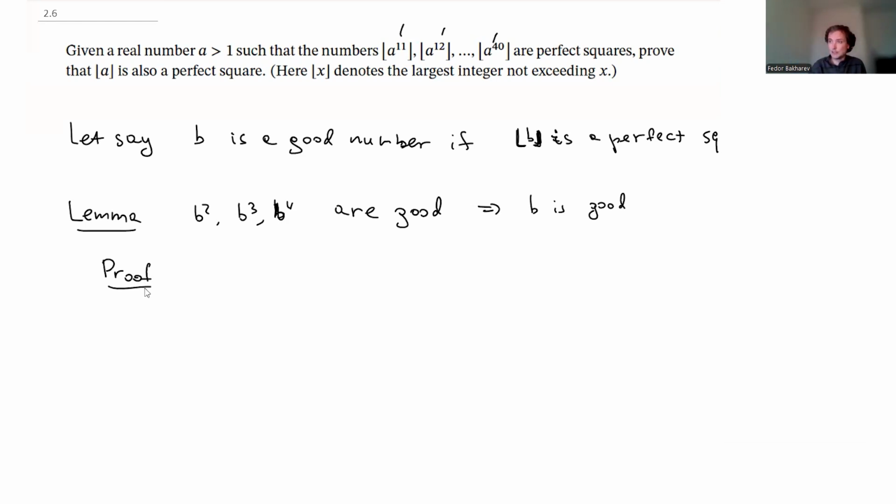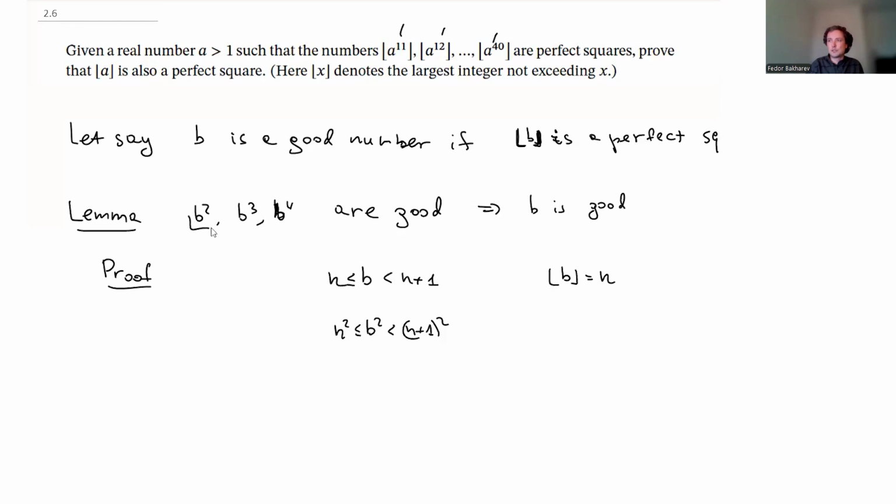The idea is the following. Let me squeeze b between 2 integer numbers: b is greater or equal than n and smaller than n plus 1. It means that the integer part of b is n. So what does it mean? It means that b square is greater than n square and smaller than n plus 1 square.